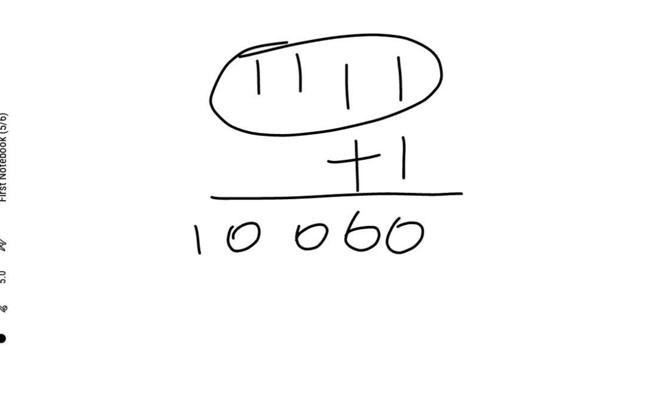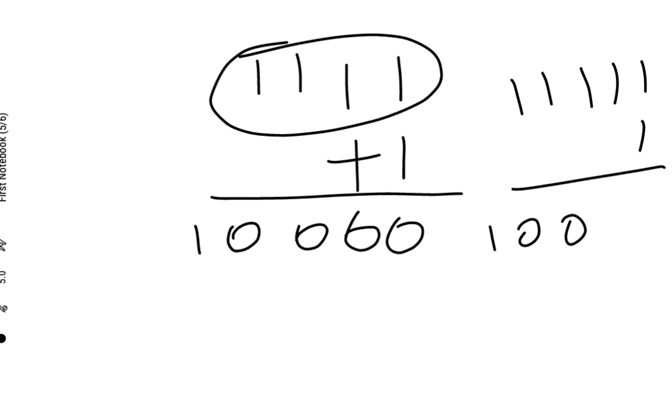If we did this to a 5-bit number, say if we added 1 to 11111, then we would get 1 followed by 5 zeros. So we got the zeros, but there's still a problem. There's a 1 in front of it. So how do we get rid of this?